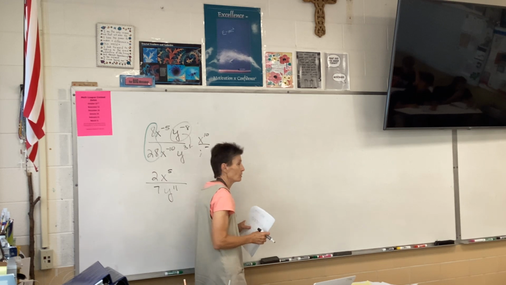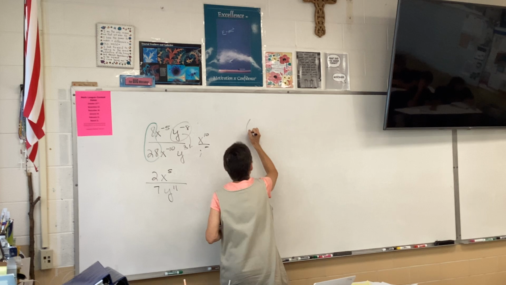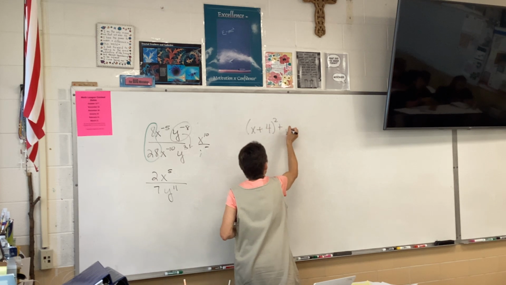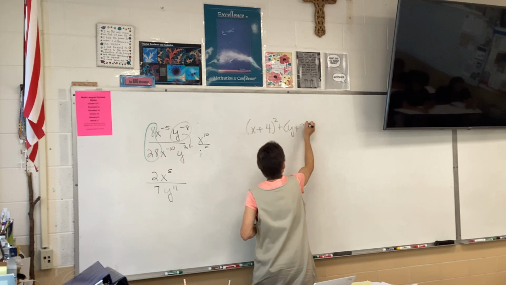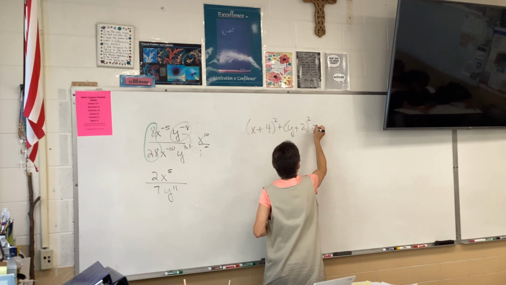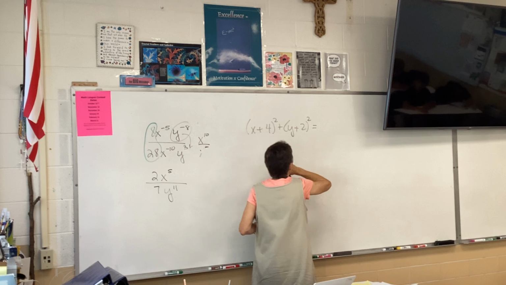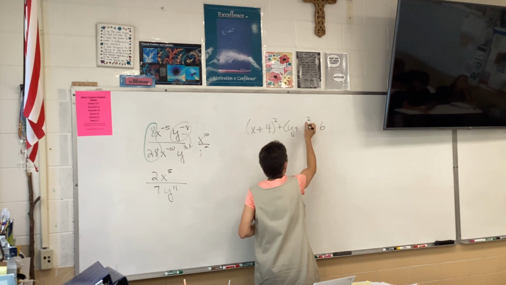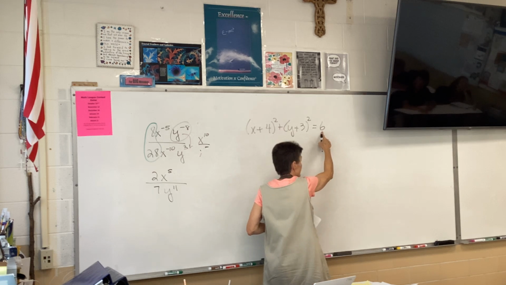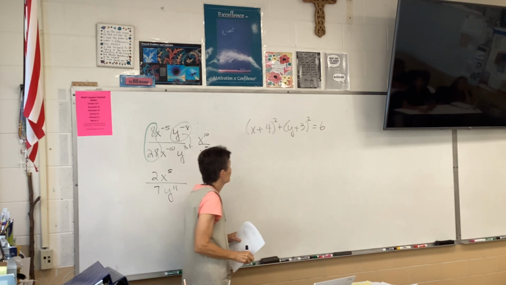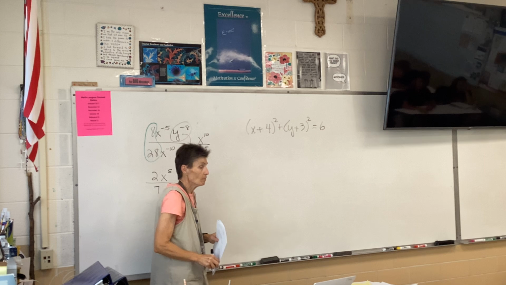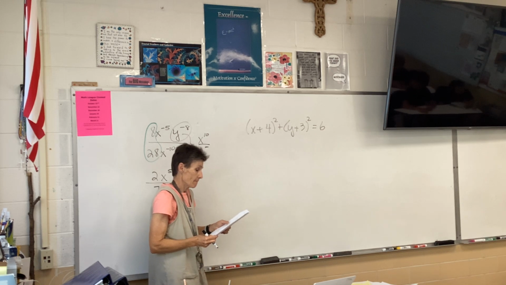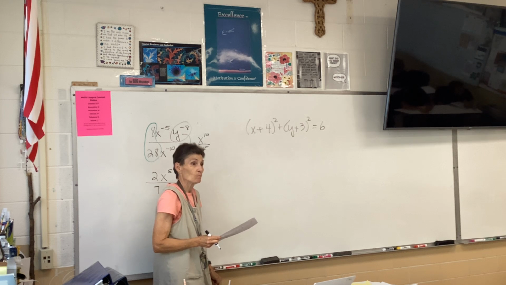All right, Cole, what you got? X plus 4 squared, y plus 3 squared, plus 3 squared? It's number 6. Or was it 36? I don't know. What do you guys think? Leonardo? If it's a radical, don't you square it? So it would be 6, right?